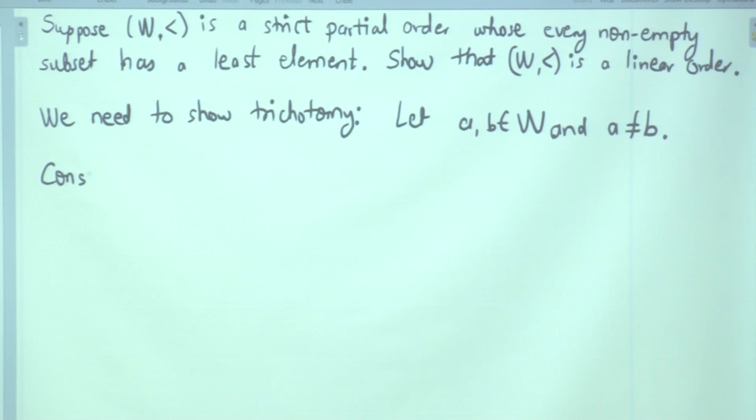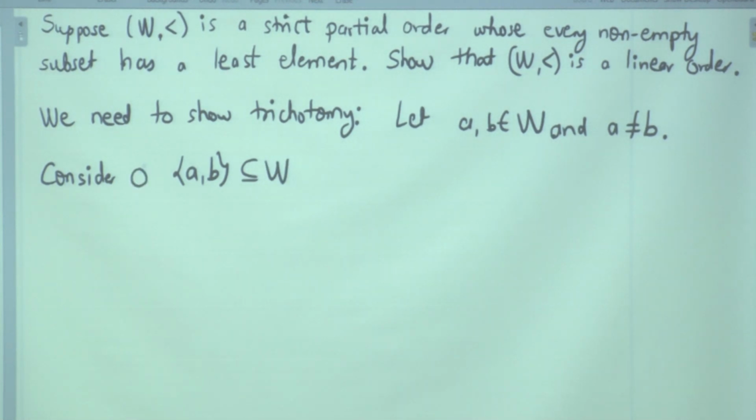Consider the two element subset of W. Then it is non-empty. Then by that property what will happen? It contains a least element.